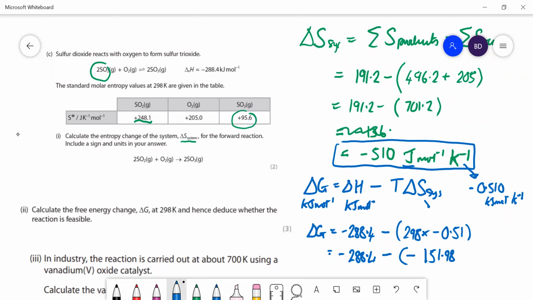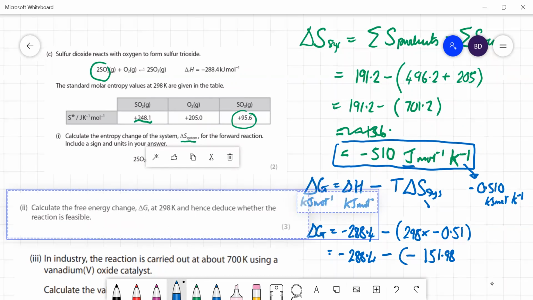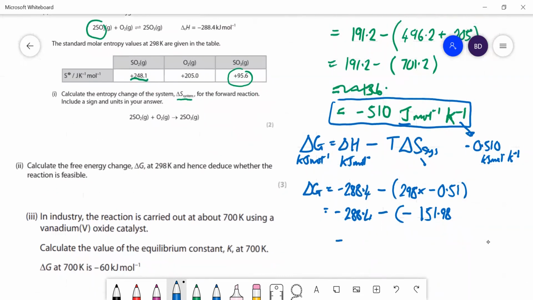Of course, that's going to become a plus. So delta G is equal to minus 136.42 kilojoules per mole. Right, it is a negative value, so that means the reaction is feasible. Delta G has got to be negative for the reaction to be feasible, so it is feasible.